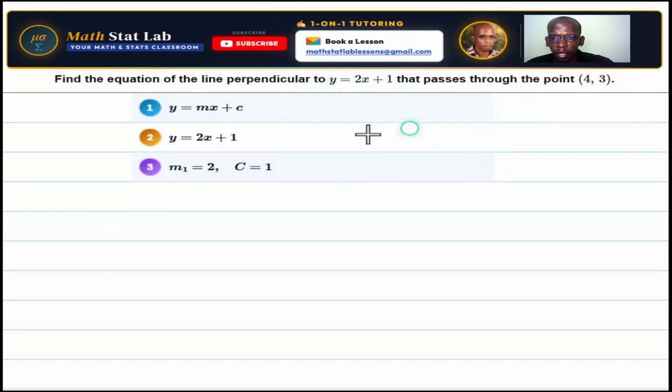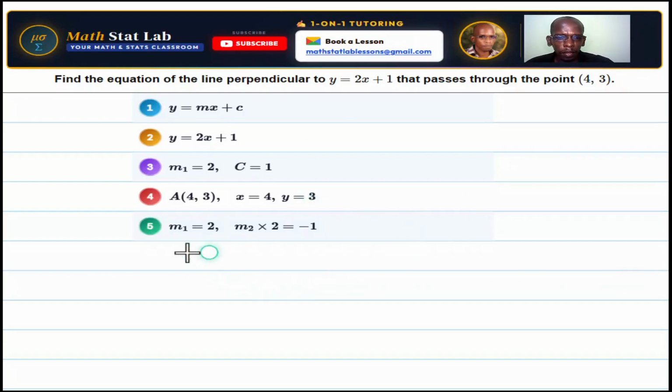Now we know the gradient and the y-intercept of the line we are given. Now we want to use the logic to find the equation of the new line, which is perpendicular to this one. Since we have the values 4 and 3, x is 4 and y is 3, as I told you earlier. We know the gradient of our original line is 2.